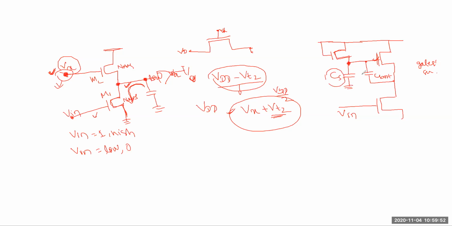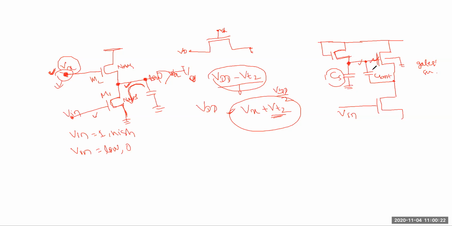And here again from source, the gate to source capacitance, plus if it is connected to bulk, which is connected to either ground or here. Also if metal and poly are connected, all these capacitances will come here.